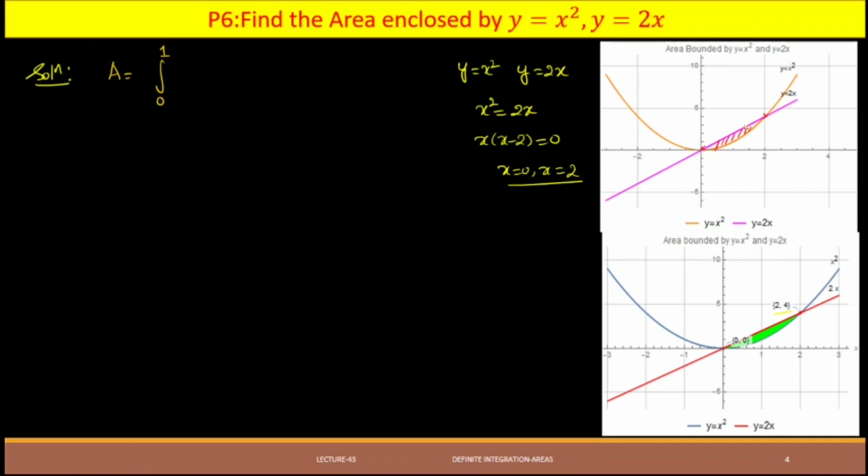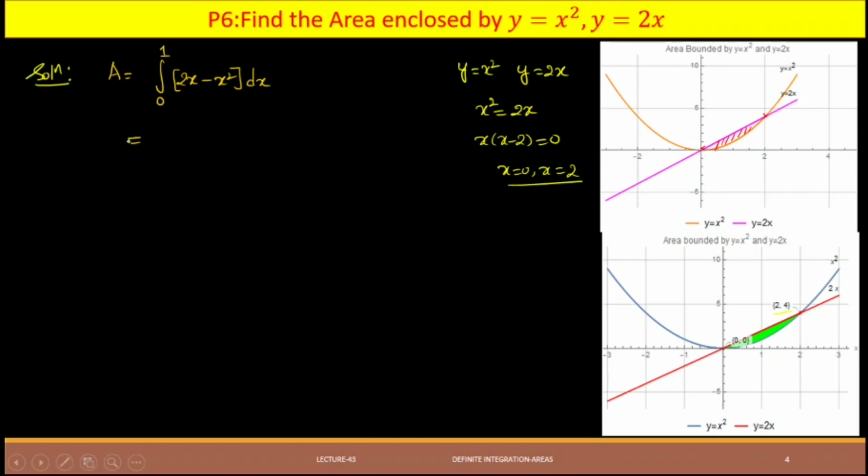It is from integral 0 to 1. The upper curve here is 2x minus the lower curve here is x square into dx. That is equal to, so let me integrate this.